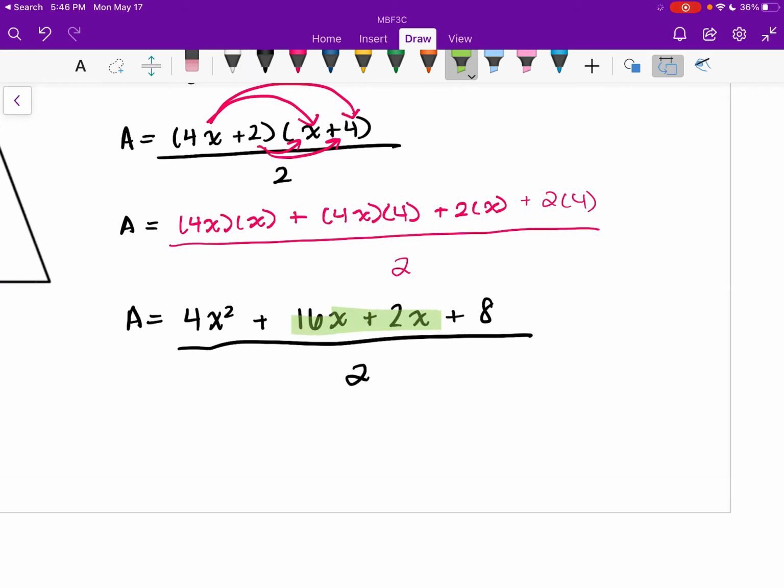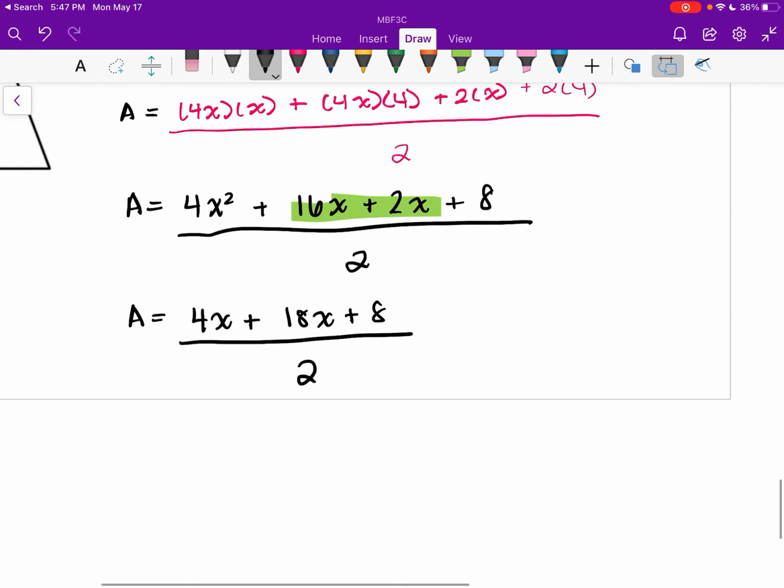These two are x terms, so I can collect that like term. So it's going to be A equals 4x squared plus 18x plus 8, all divided by 2, right? And since technically I can go in and divide each term by 2, I can get rid of that 2 at the bottom. So I can do area equals 4 divided by 2, which is 2x squared, plus 18 divided by 2, plus 8 divided by 2.